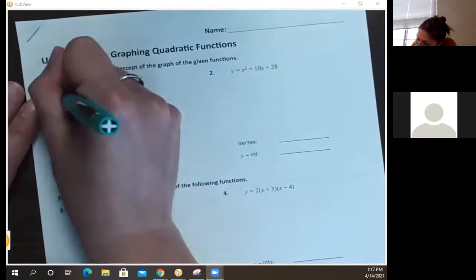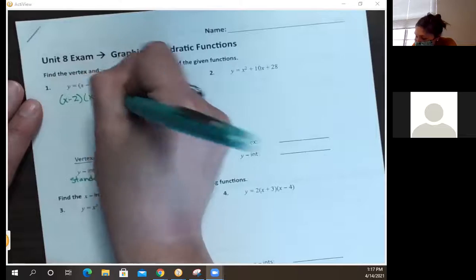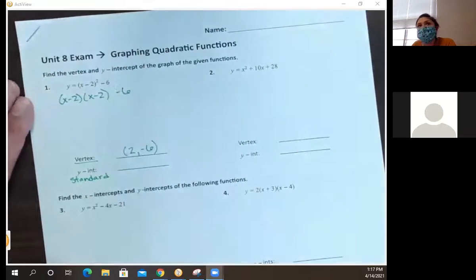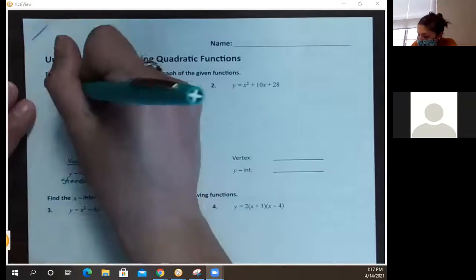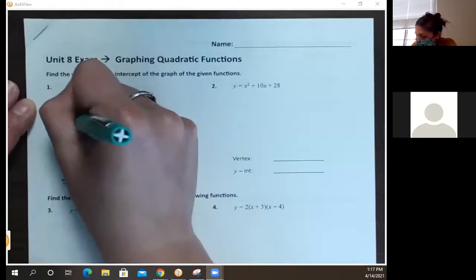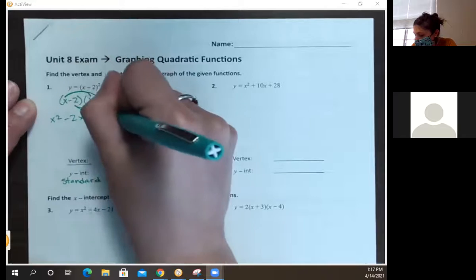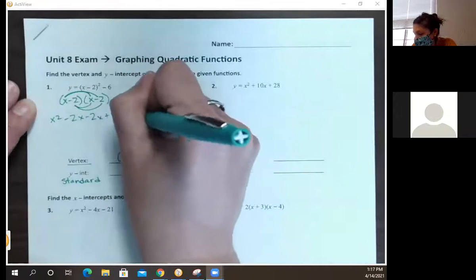I'm going to keep this guy and distribute. So x minus 2 squared means x minus 2 times x minus 2. Make sure you distribute completely. So this would be x squared minus 2x minus 2x plus 4 minus 6.